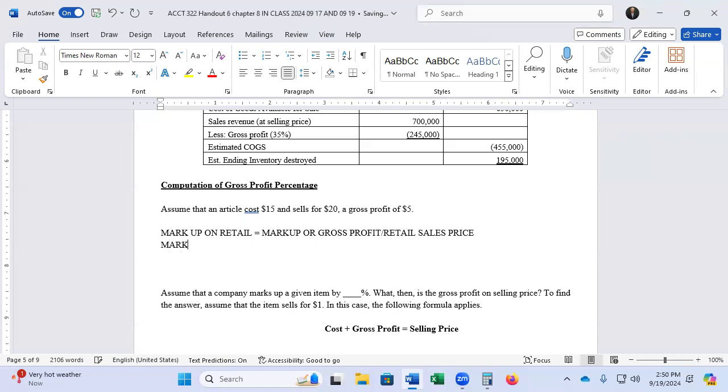And then you have markup on cost, which equals your markup or gross profit divided by your cost.